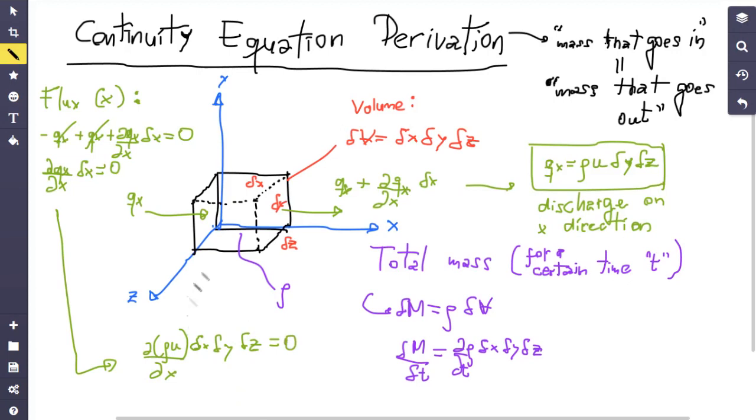Okay, so now we have to do the same procedure for the y direction and the z direction, and account for variation of the density in time. Okay, so if you pay attention, this is actually equal to the infinitesimal volume that we are dealing with.